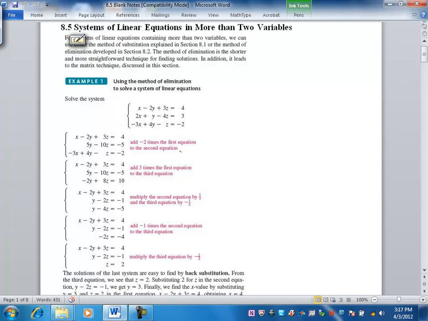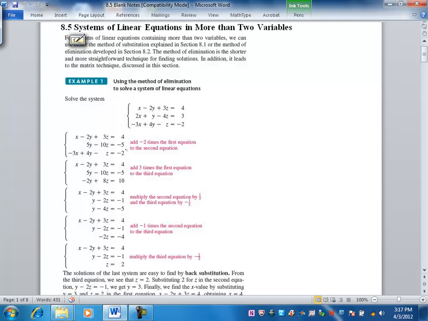We are multiplying the top equation here by -2 all the way through, and what that does when we add down: -2 plus 2, 0x. -2 times -2 is +4, plus 1 is 5y. -2 times 3z is -6z, minus 4z gives me -10z, and then -2 times 4 is -8, plus 3 is -5.